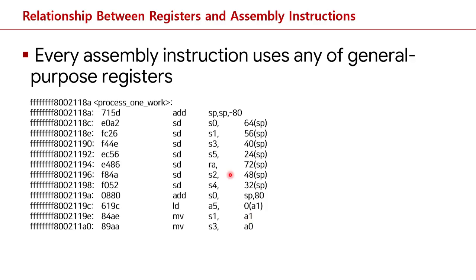The point is that every assembly instruction uses some general purpose register. That is the key point. So it is important to figure out how the registers are organized in the RISC-V architecture.